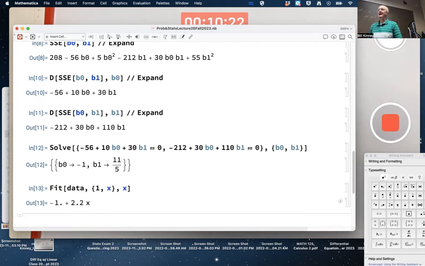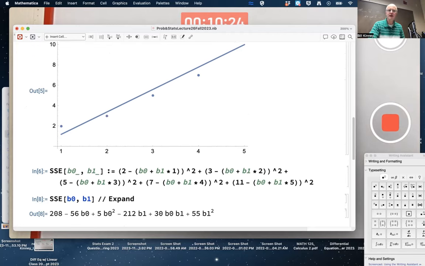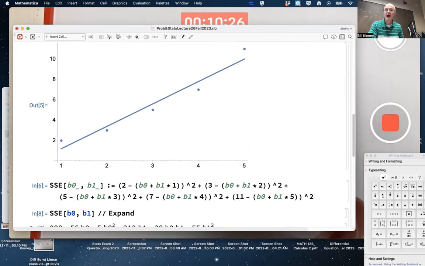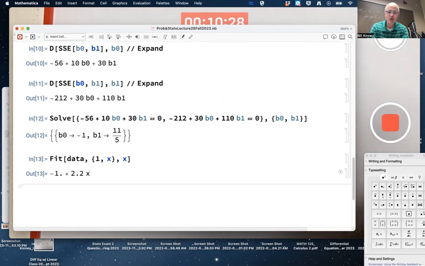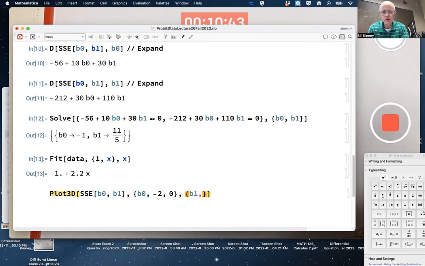Can this be visualized in some other way than this picture here? Sure, I can graph SSE. I can do a Plot3D, SSE, b0, b1. Probably want to pick a value of b0 close to -1, like -2 to 0, and a value of b1 close to 2.2, like 1 to 3, say.